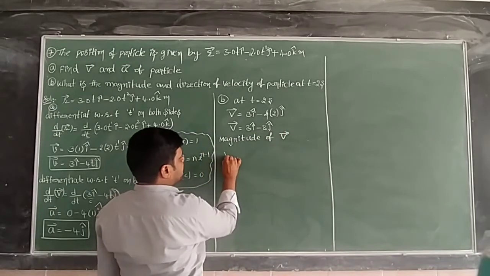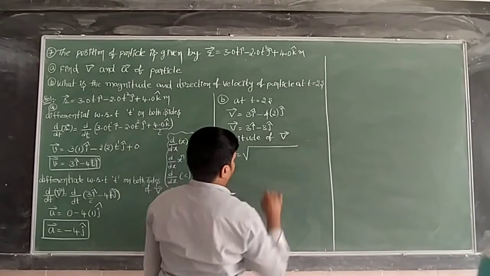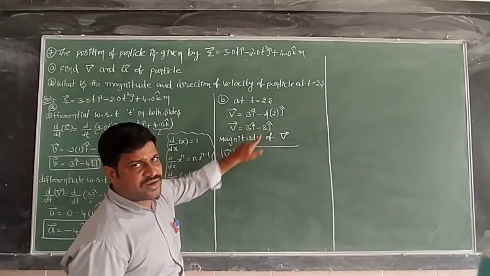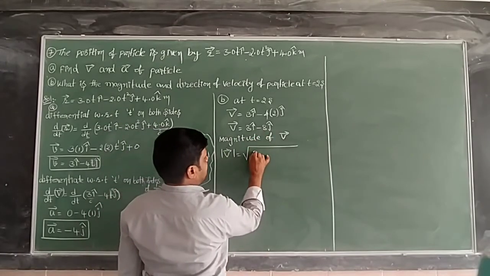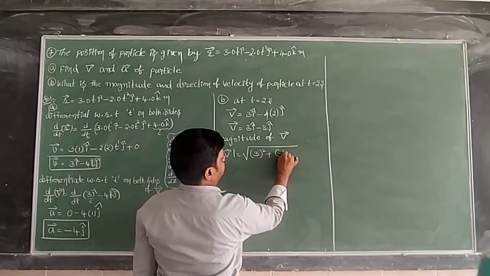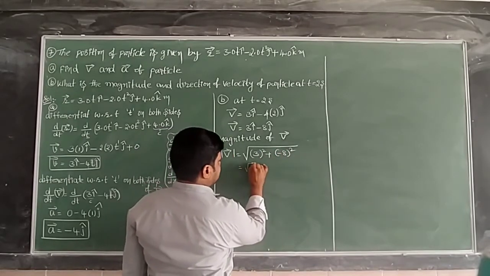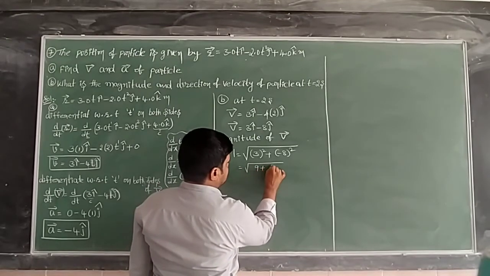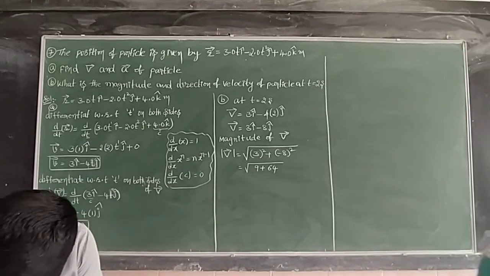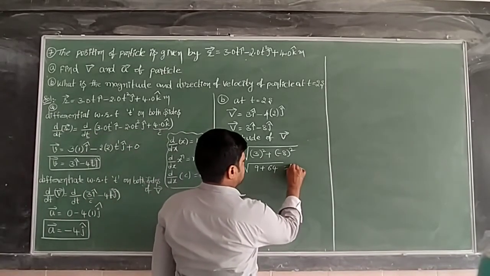The magnitude of v bar, the modulus of v bar, is equal to the square root of the square of the i component plus the square of the j component. The square of the i component is 3 square, plus the square of the j component, minus 8 square. So this value is 9 plus 64, which is root 73.